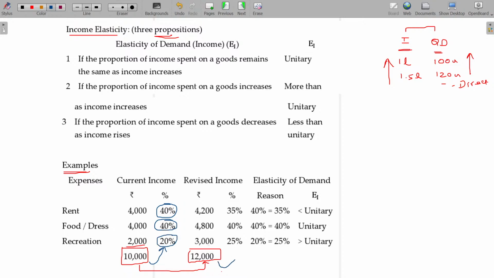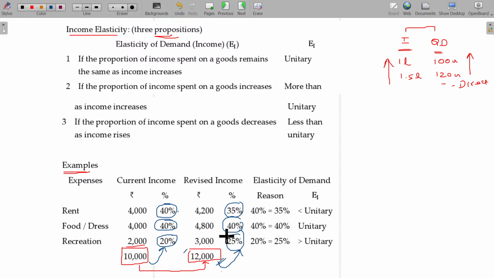Because of changing your income from 10,000 to 12,000 rupees, the proportion of your total income spent for rent is only 35%. Earlier 40% means now also 40% should be how much? 40% of 12,000, that is 4,800. But you don't spend that. In food and dress, it remains the same 40%. But your spending for recreation increases to 25%.